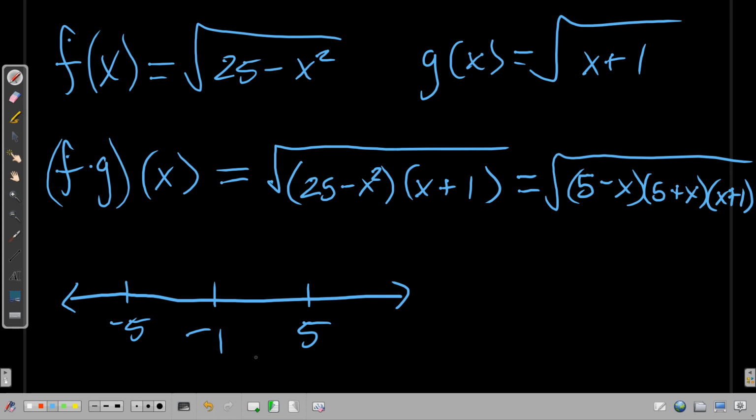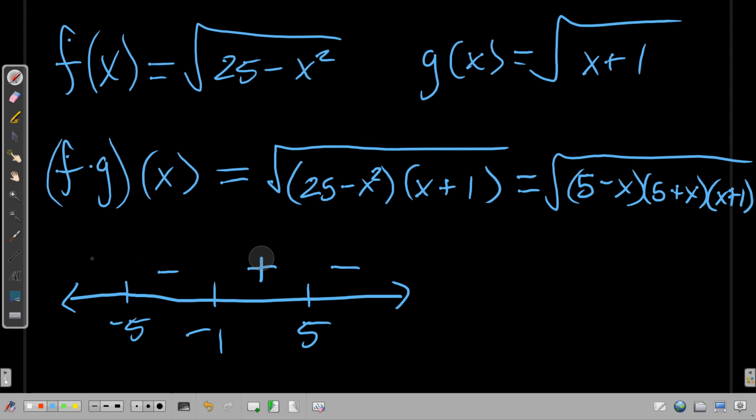And all I need to do is figure out what happens here in this interval, because that's where 0 is at. And since it's 3 unique roots, this is just going to alternate. So when I put in a 0 for x here, here, and here, I wind up with a positive times a positive times a positive. So it's positive in this interval.